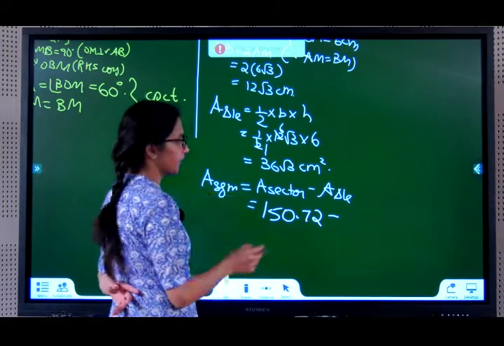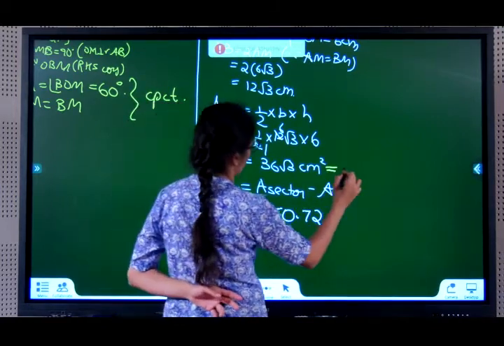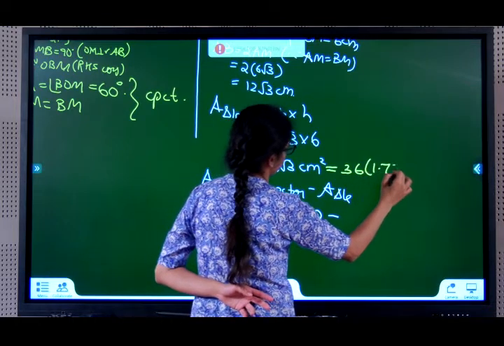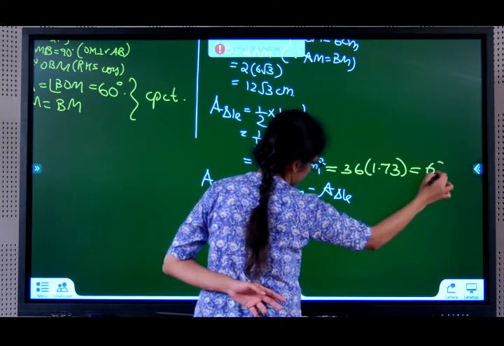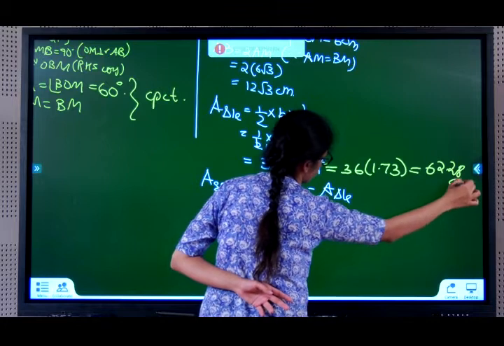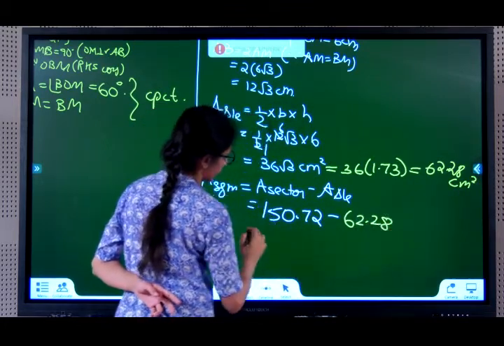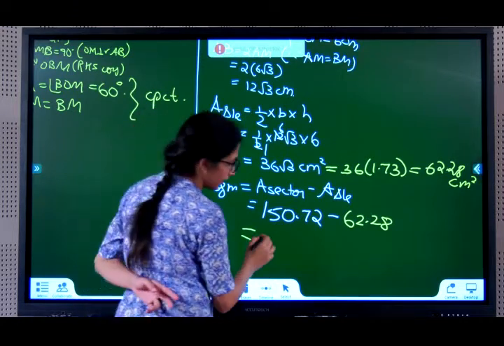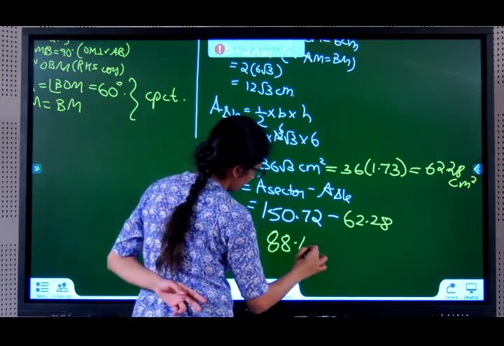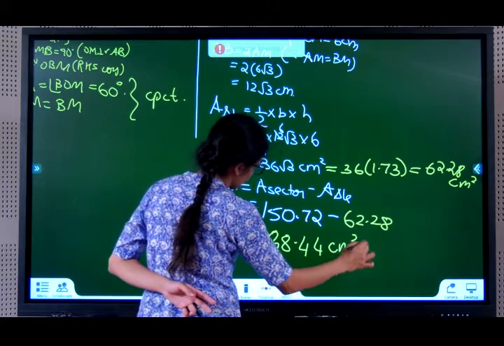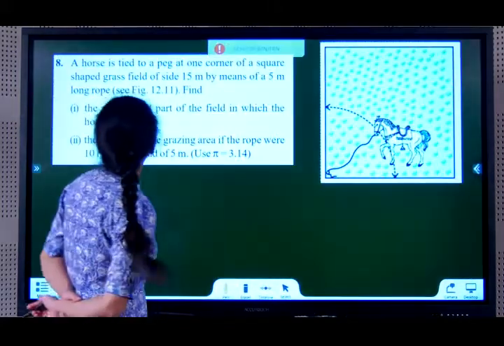So in the question they have given root 3 is 1.73, so you have to put this in decimals. You get 62.28 centimeters square. Now substitute the area of triangle here 62.28. On subtracting you get 88.44 centimeter square.